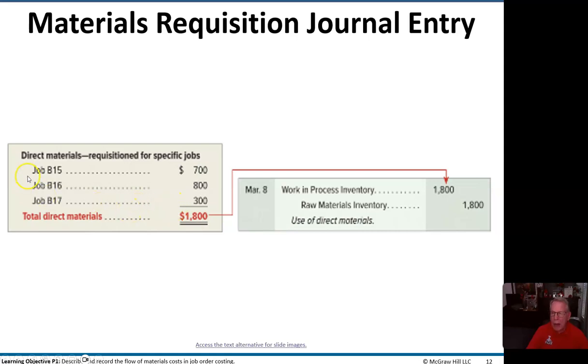We're keeping track of each job's cost that way, and our total direct materials are here. And so when we do our journal entry, we're going to debit work in process inventory to increase it, and credit raw materials inventory to reduce it by these direct materials that were requisitioned into jobs Bravo 15, Bravo 16, and Bravo 17 as we use them.